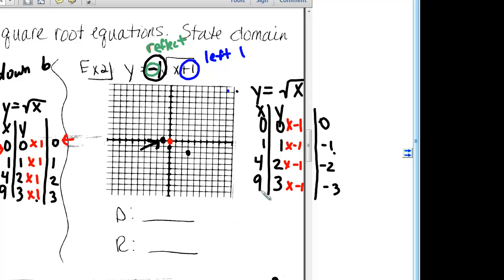My last point to plot is 9, -3, out 9, down 3. So it curves in this direction.